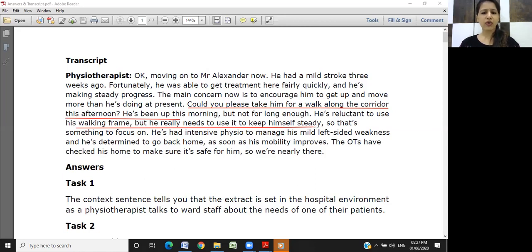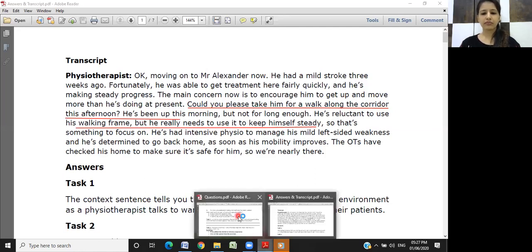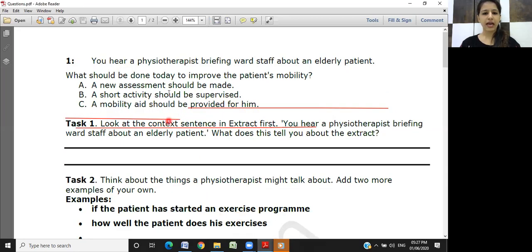So the nurse has to focus on making sure that he is using it, but not to provide it, right? That is why, as we discussed, you may hear one word about each of the answer choices, but it's not that the device is to be provided. The nurse was supposed to take him for a short walk.